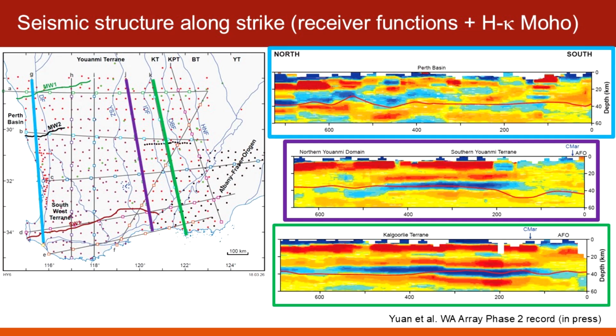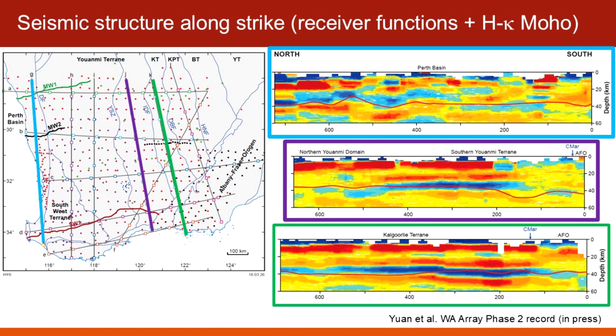Within the Eastern Goldfields and the Kalgoorlie terrane, we also have a very, very sharply defined Moho and very, very subtle changes at that scale. But actually, you can see that there are changes and steps in the Moho and in the seismic structure of the crust. So there are along-strike changes.